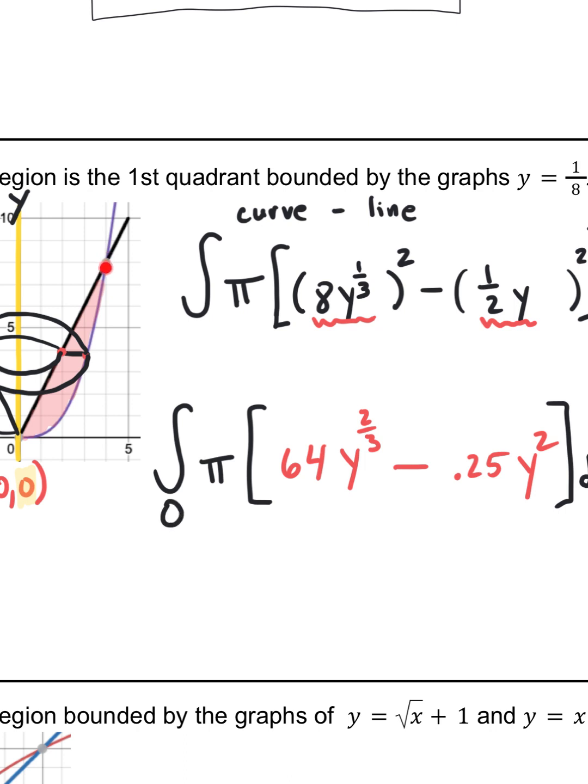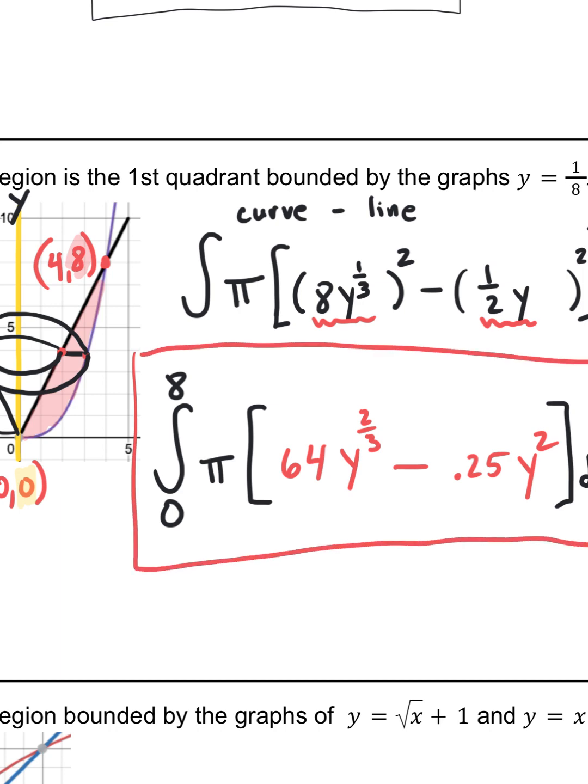And then up here, that coordinate point is over 4, up 8. Again, we need the y value. So our upper limit is going to be 8. From 0 to 8 along the y-axis. So there is your definite integral. You can use Math 9 to solve that. Please check your answer.